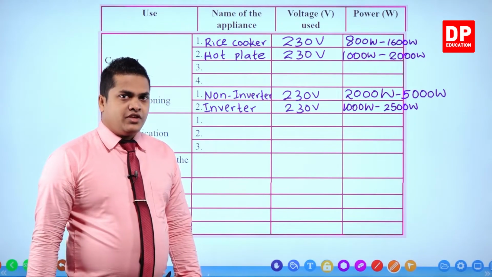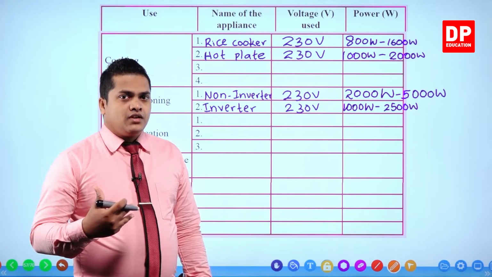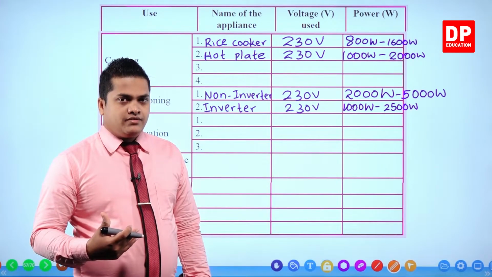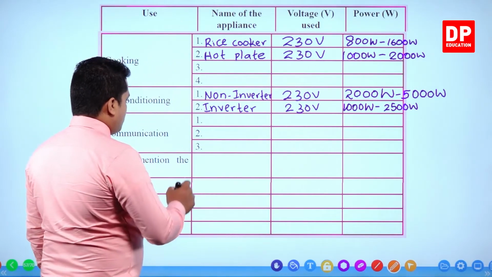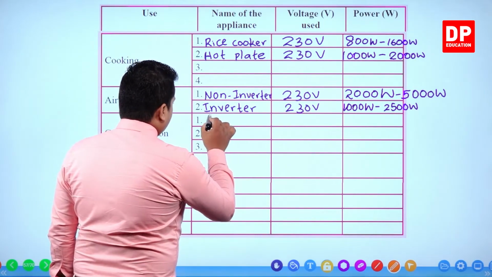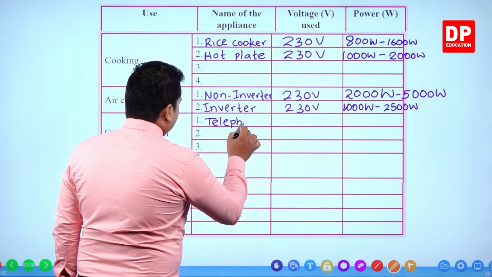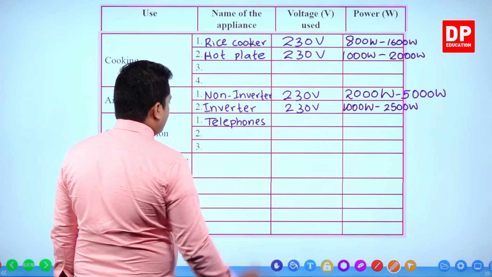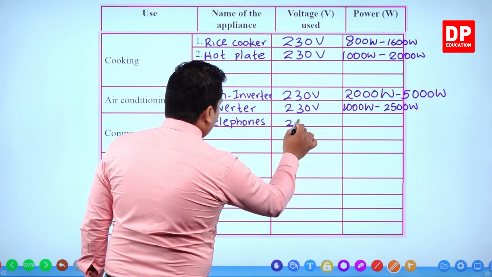Then the next one is communication. For communication we use different types of telephones. We can write not the mobile phones, but telephones. Telephones plug into 230.